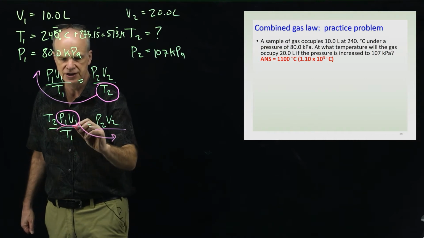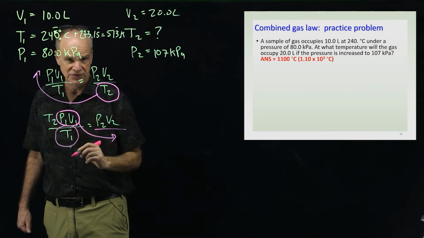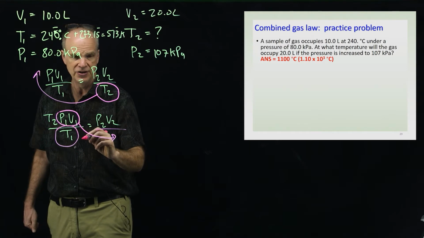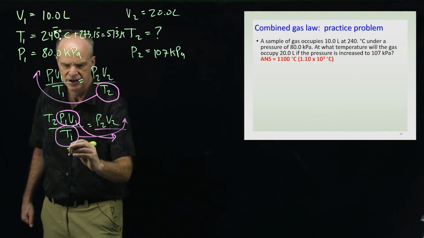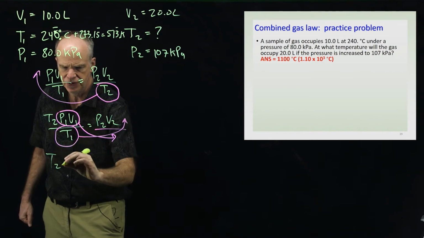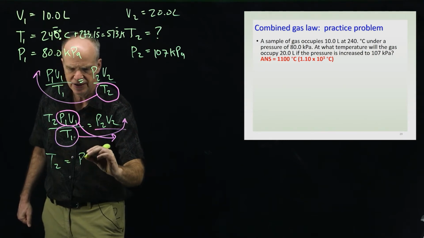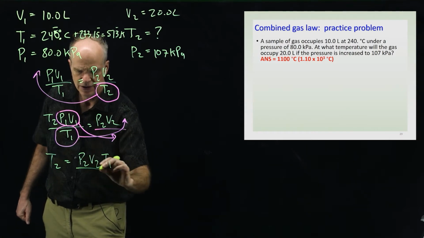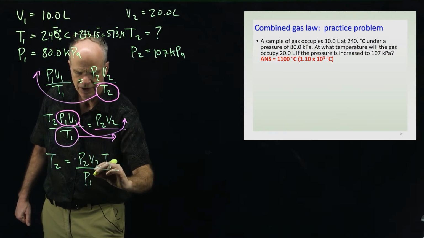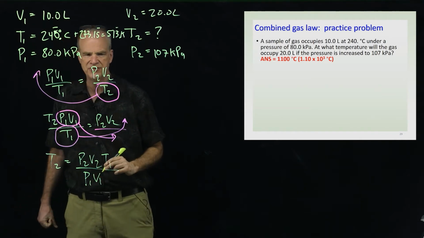And T1 here, we have to move out as well, and it goes to the other side of the equal sign. It will go in the numerator like that. And so what I get is T2 is equal to P2 V2 T1 over P1 V1. So I think that's correct.